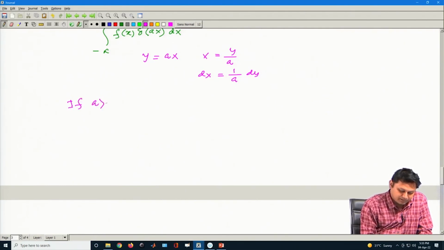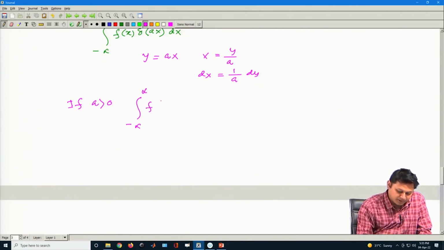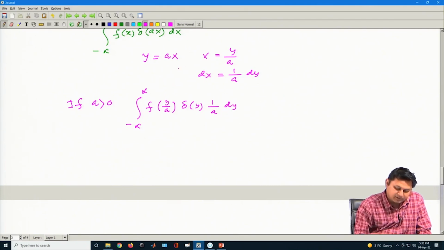Now, if a is greater than 0, it can be greater than 0 or less than 0, then minus infinity to infinity f of x has now become f of y by a, and delta y, and then we have 1 by a dy after making this rescaling.